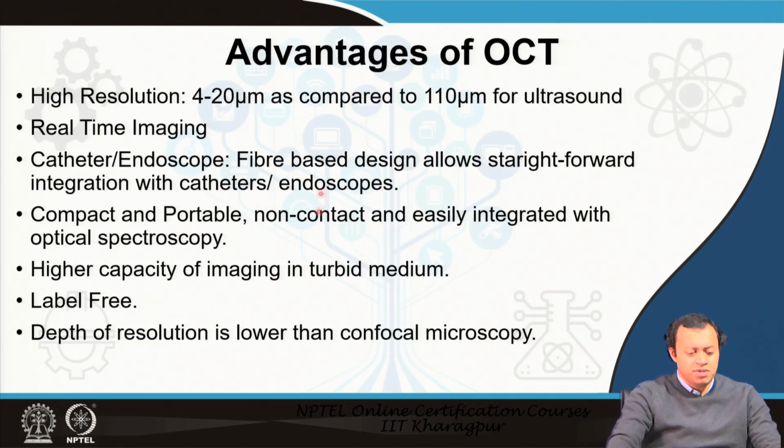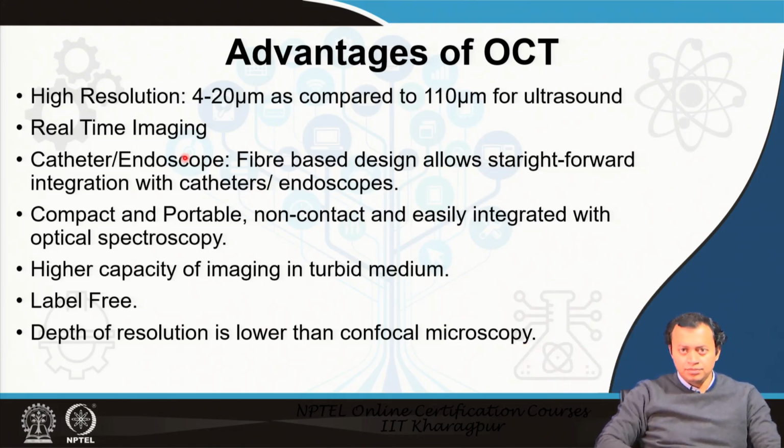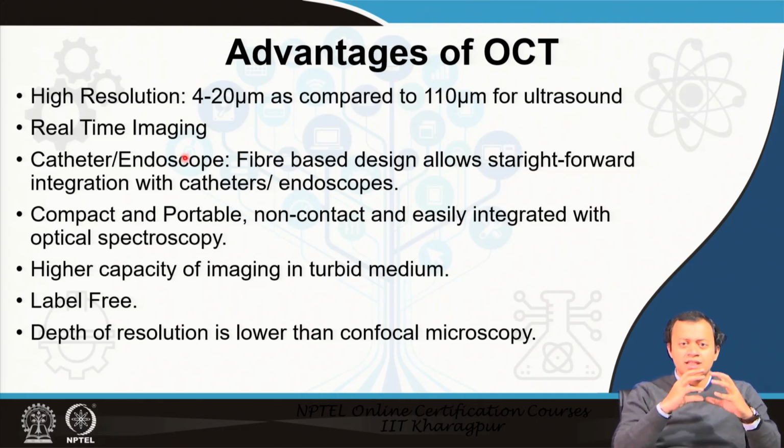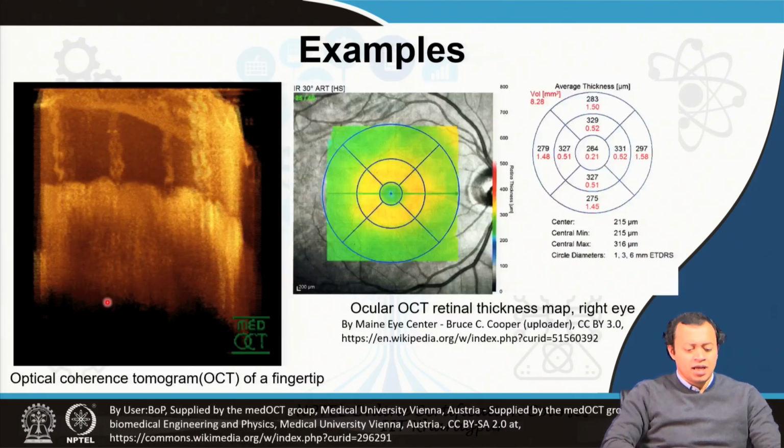So, it can very well be a catheter or an endoscope, connected with another fiber which is outside, where the mirror is moving, while this fiber is constant, having gone into your mouth or eye or wherever you want, and thereby you understand the depth profile of the tissue. And it is completely label free. You do not have to do any kind of fluorescence based labeling or anything whatsoever. Result is this.